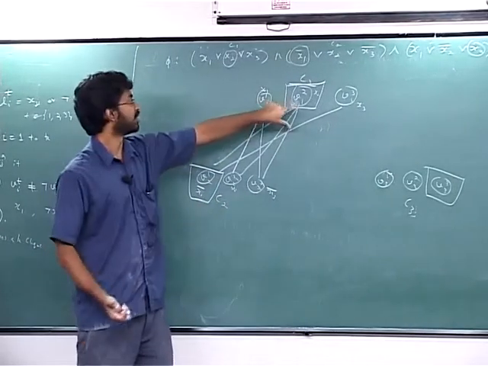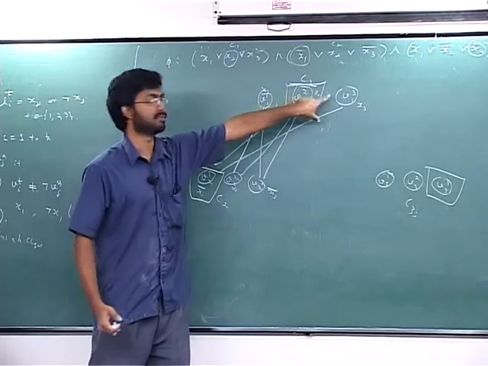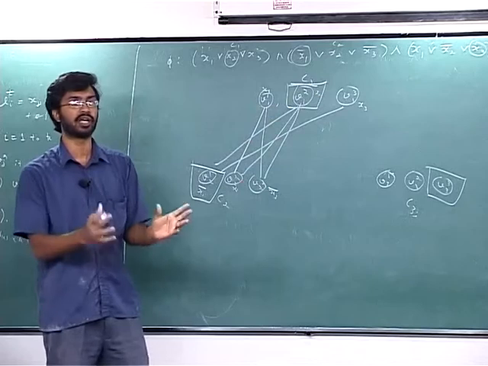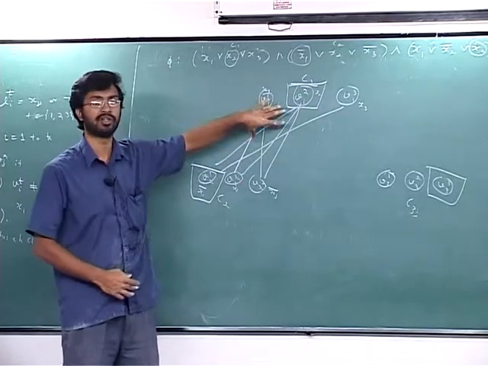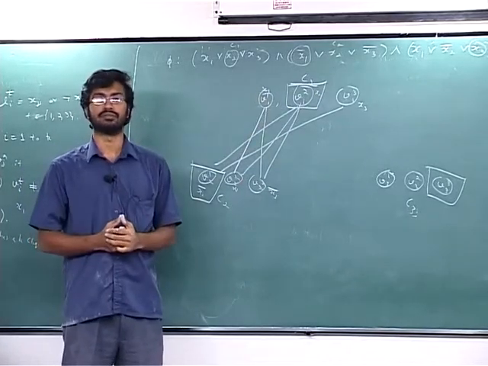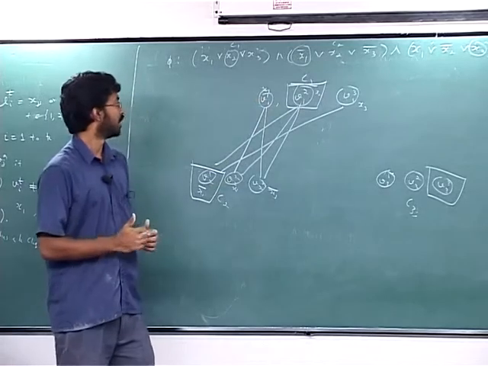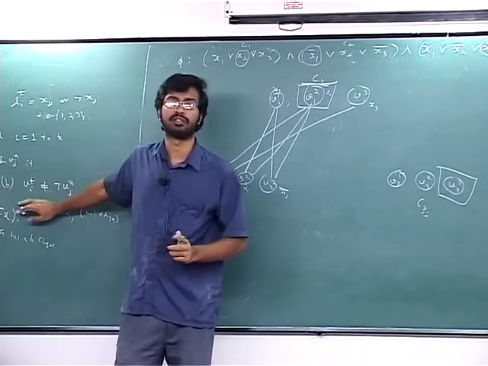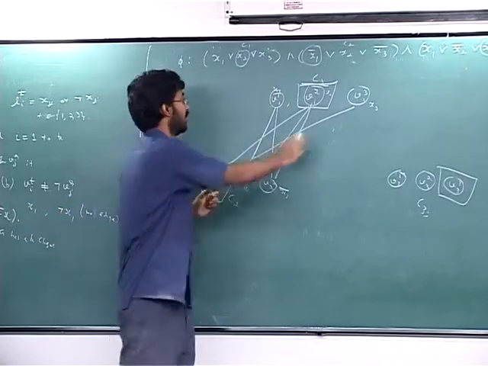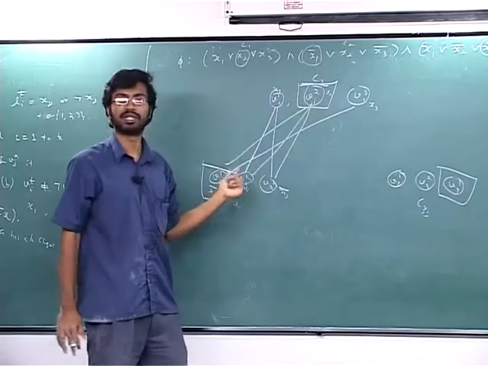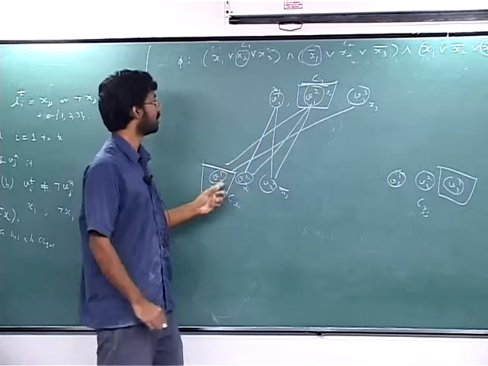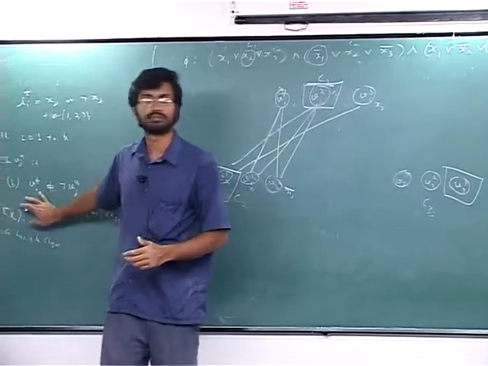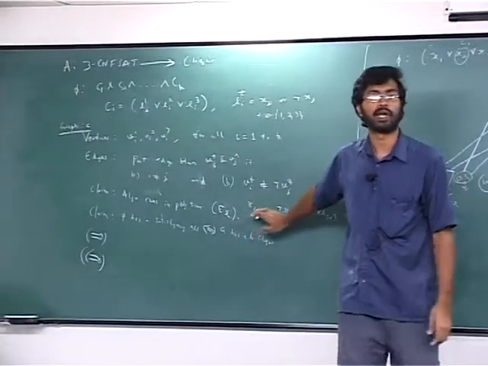Why? Because in the same clause there are no edges between them. So for any pair of vertices in the k clique which we have picked, they should be from different clauses. Now since there is an edge between any pair, it means that the second condition is also satisfied. That means any two vertices which we have picked are such that their literals are not complements. They are in this form.